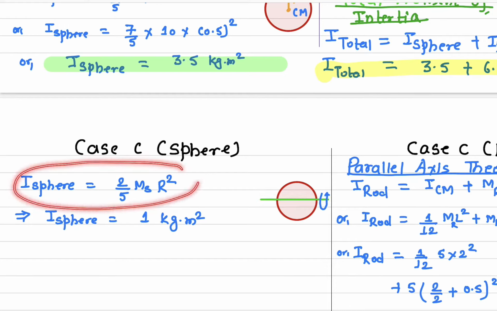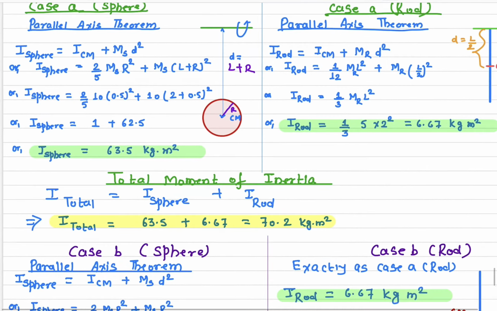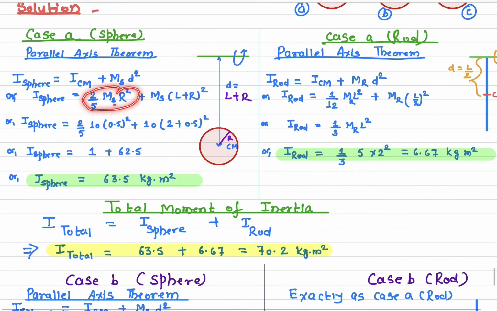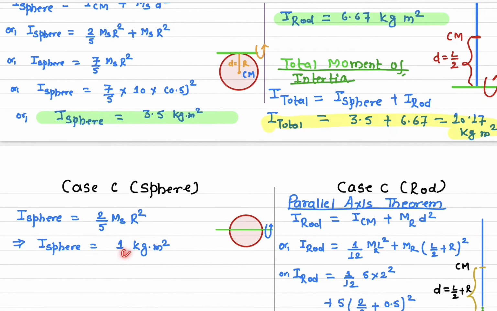So we'll have only one term here, 2/5 m_s r squared, and we already have calculated this term. This term gives you 1. And this makes sense because the moment of inertia in this case would be smaller than this case here. In this case it was 3.5 and we get 1.